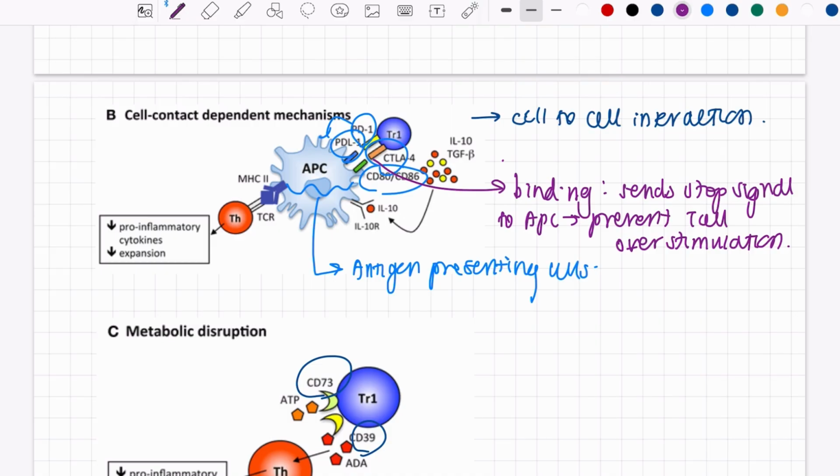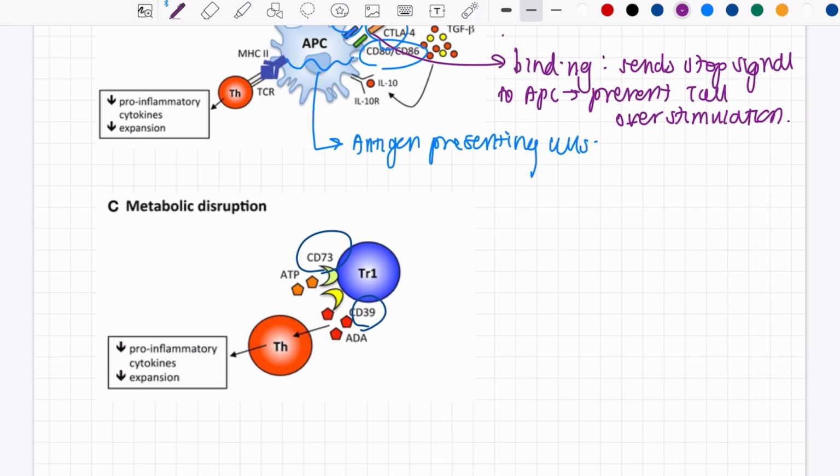Now, basically this physical contact-based regulation limits excessive T-cell activation, and at the end of the day, it helps prevent uncontrolled inflammation. Now, in the context of malaria, this mechanism is critical for avoiding severe inflammatory reactions that could potentially damage blood vessels or other vital organs.